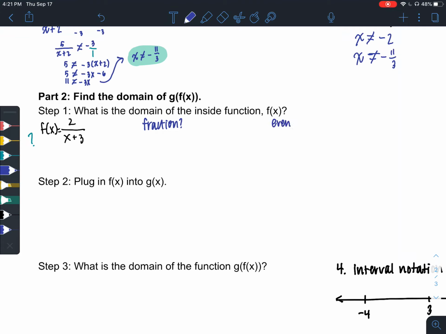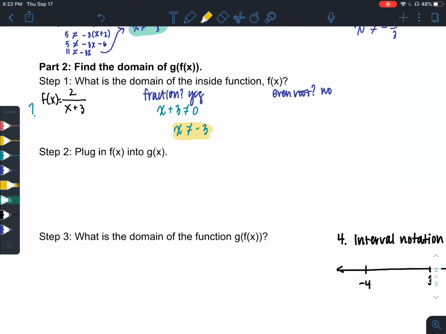Is there an even root? Yes, there's a fraction. No, there's not an even root. So we'll show the work for a fraction. Set the denominator not equal to 0. So x is not equal to negative 3.